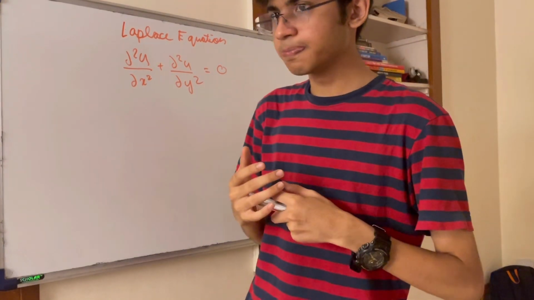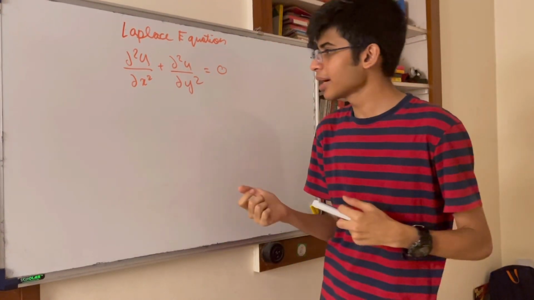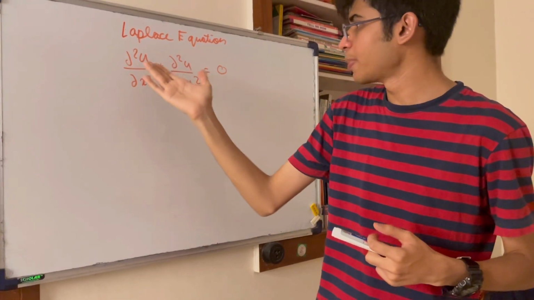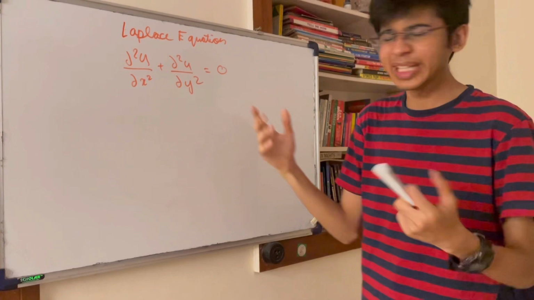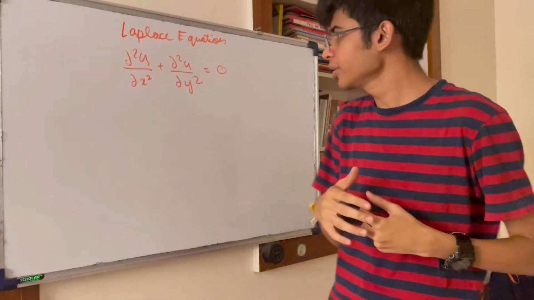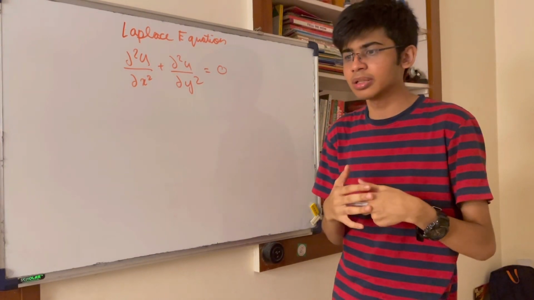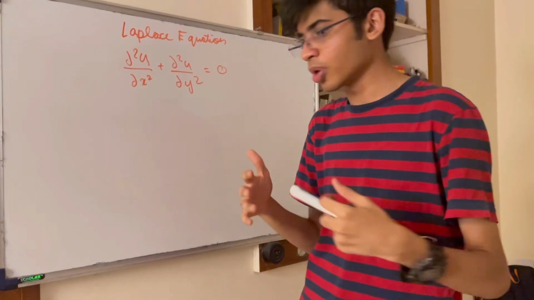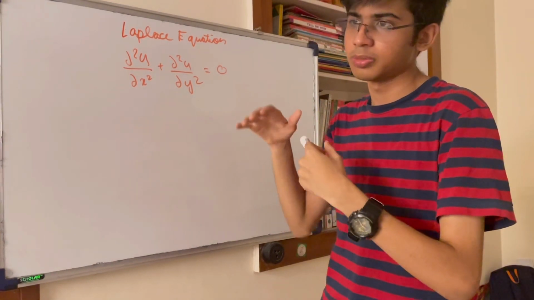Over here, the equation is not defined with respect to time, because I have x and y but no t. So it is with respect to spatial coordinates, and the remaining variable can be taken as time or any other coordinate.